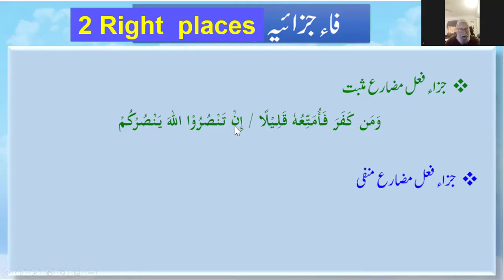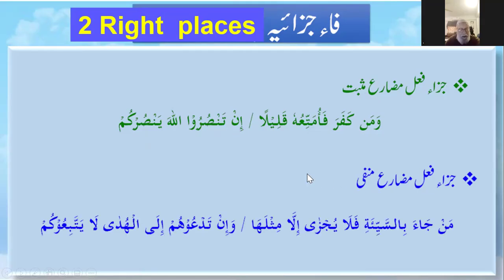Both are correct. Jaza fi'l mudari manfi. When the fi'l mudari manfi is coming, just like the example man ja'a bis-sayyi'ati fala yujza illa mithlaha. Fala yujza, la yujza: it's a negative mudari. Fa is used. But on the other hand, وَإِن تَدْعُهُمْ إِلَى الْهُدَى لَا يَتَّبِعُوكُمْ.